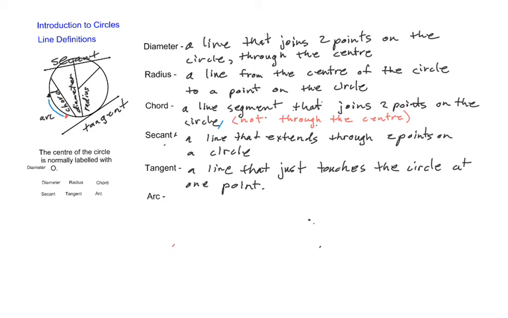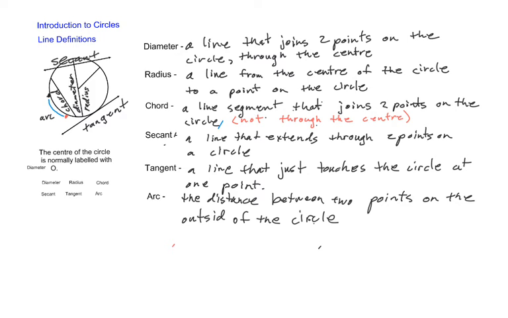So basically, the arc is the distance between 2 points on the outside of the circle. And now we'll move on to slide 2.